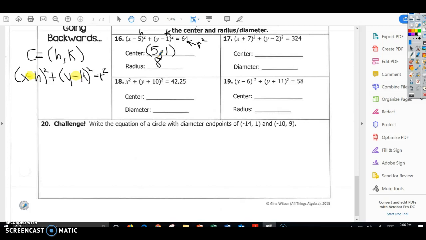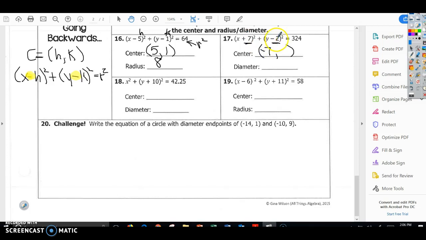Alright, so for the center on this one, we've got plus 7 and minus 2. Remember, it's got negative h, so what would make that a plus? A negative 7 would make that a plus. So this is actually negative 7.